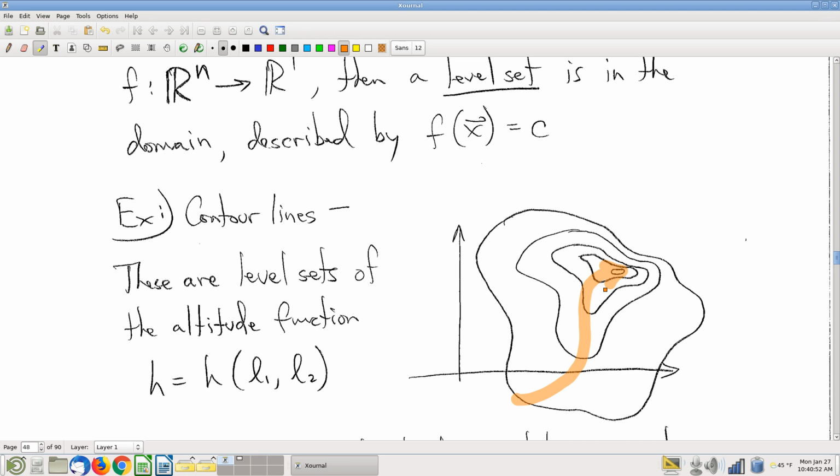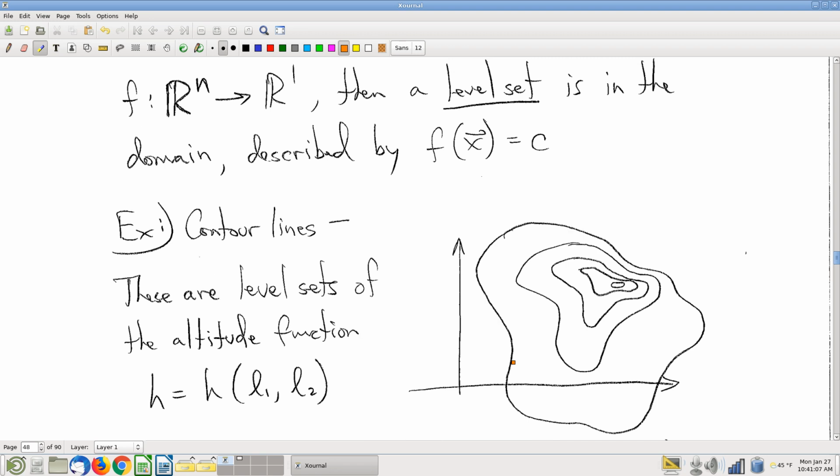So that's going to be a more pleasant hike. This is what I'm doing these days anyway. So it's got some value. You can get some geometric sense of what the function looks like from that picture. So contour lines are very natural, and I'll point out that they are a level set. Contour lines are level sets of the altitude function.